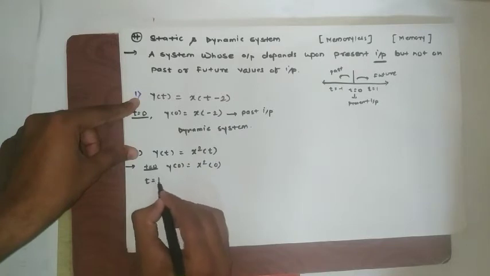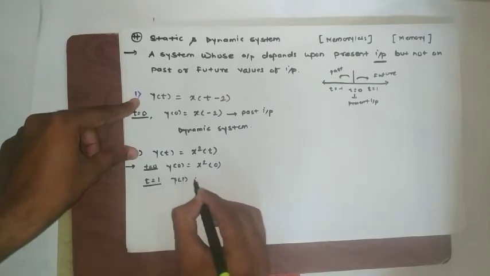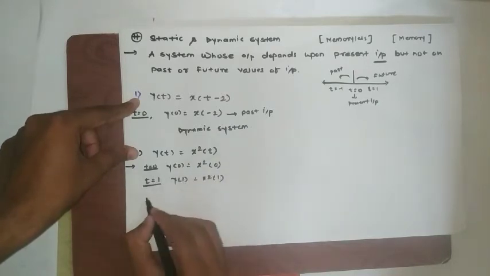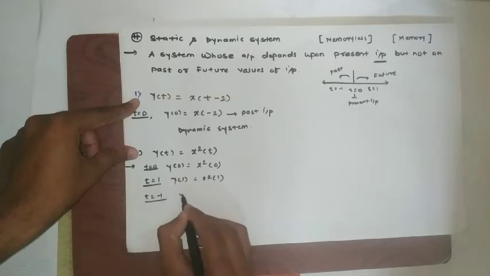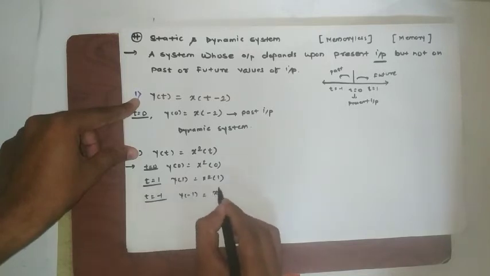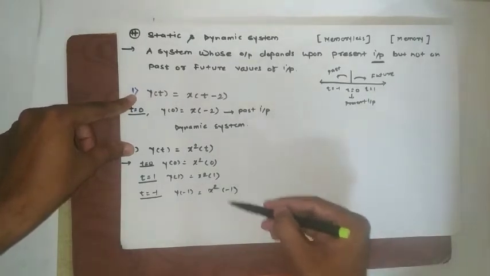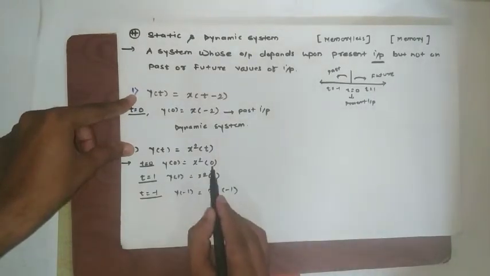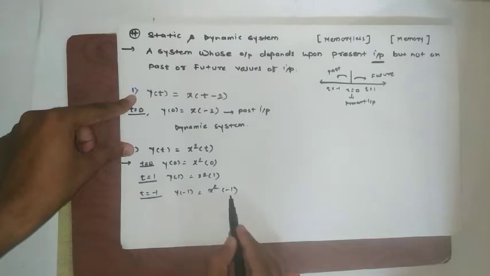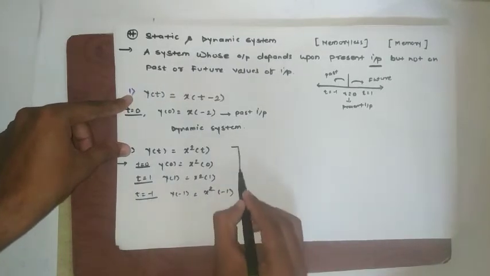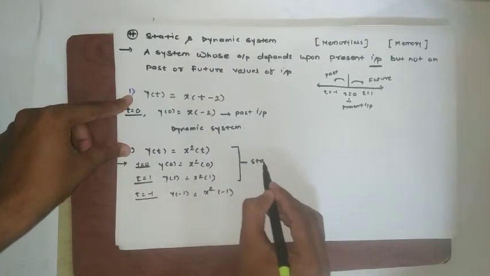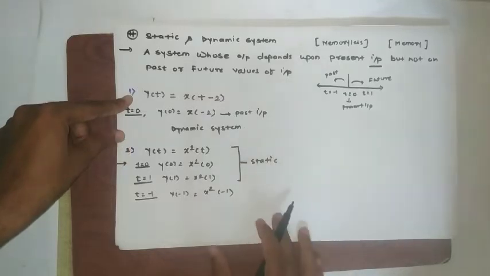For t = 1, y(1) = x²(1), and for t = -1, we will get y(-1) = x²(-1). Now in all three cases, the output depends upon the present input. That means definitely this system is a static system.